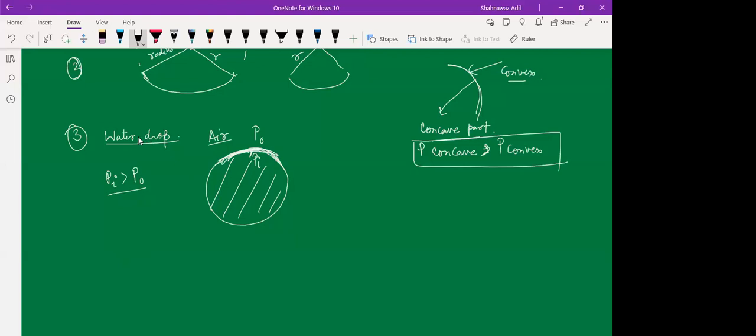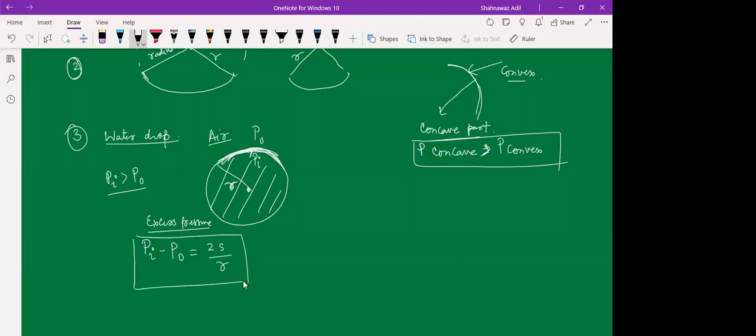And we saw in the example of the water drop that this excess pressure was 2S by R, where R is the radius of this water droplet.